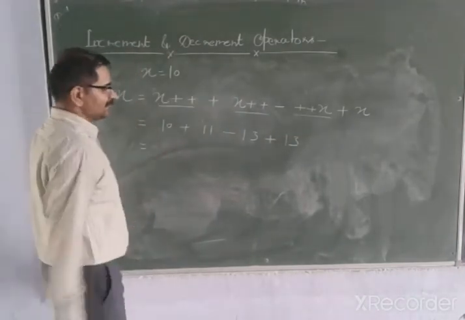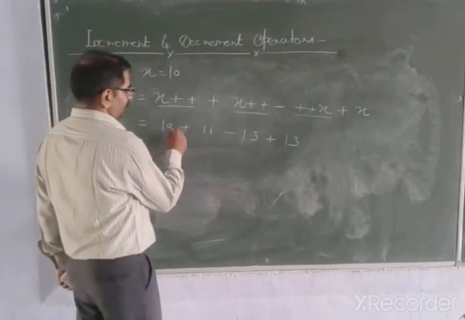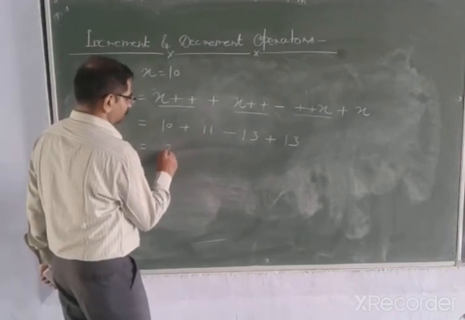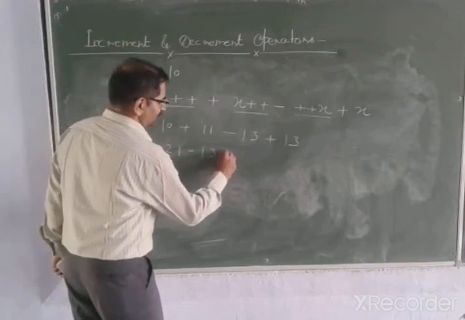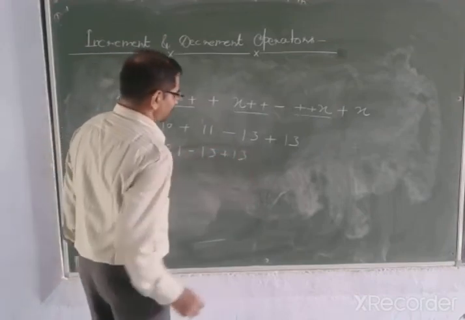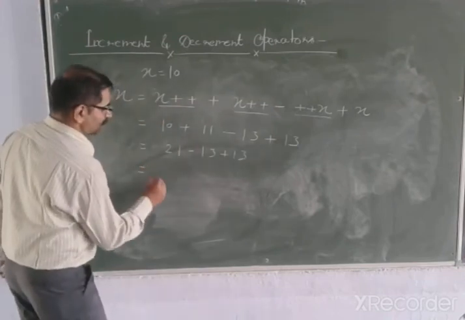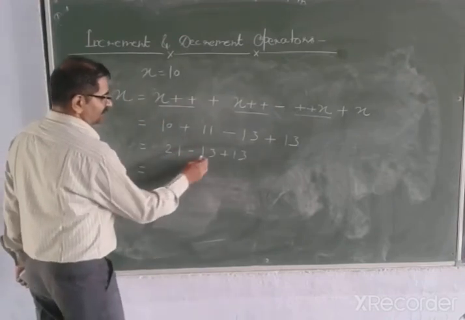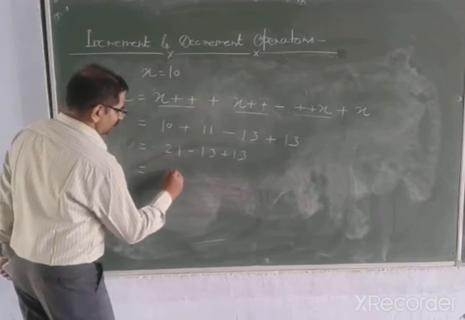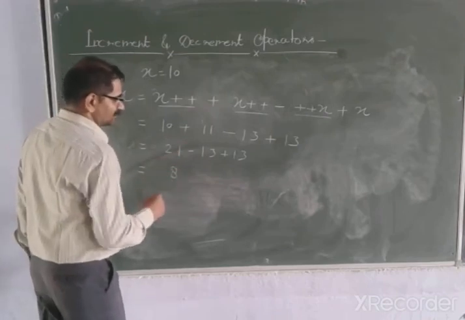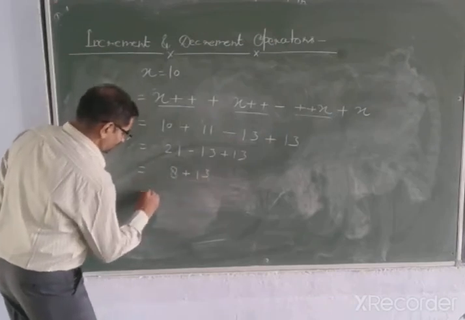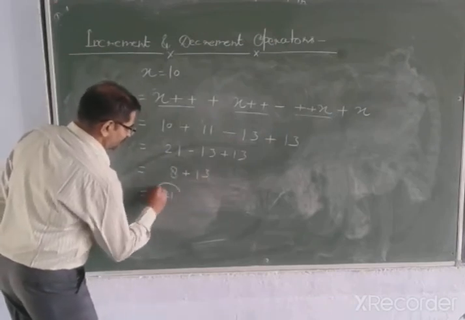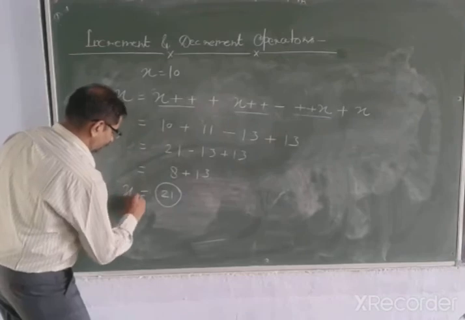Now see, 10 plus 11 is 21, minus 13 plus 13. When you subtract 13 from 21, you get 8, plus 13, and at last you get 21.